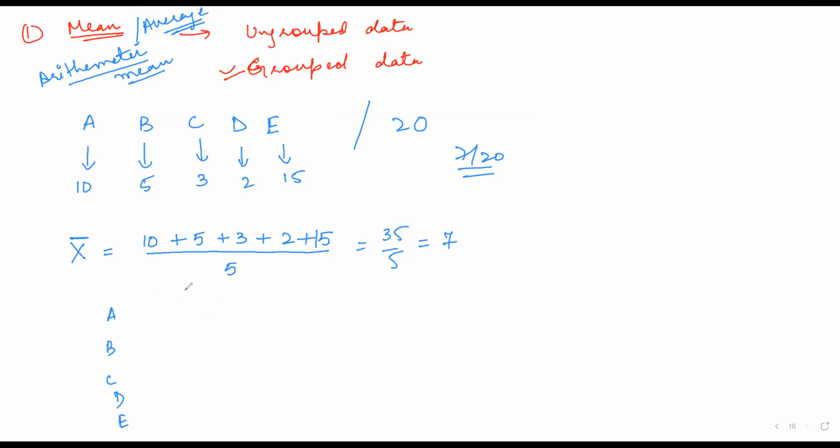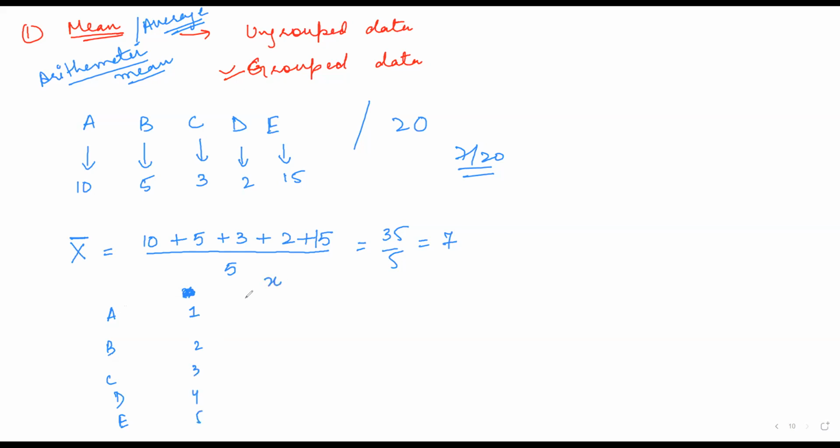Basically, these marks are denoted by x. For example, this is your student number one, two, three, four, and five.